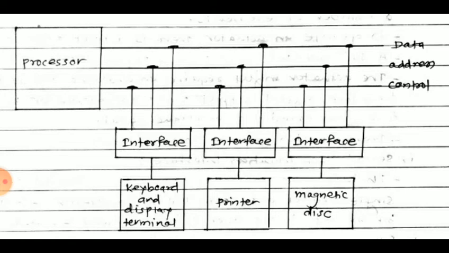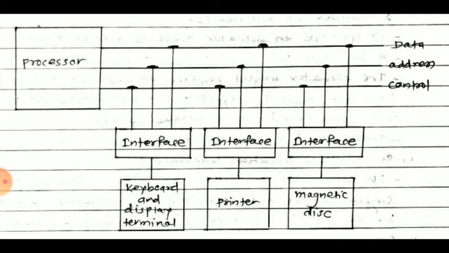So the digital to analog converter is necessary. It is the interfacing element connected between the microprocessor and the actuator to convert the output from the microprocessor, which is in digital form, into analog form, which will be the input to the actuator.